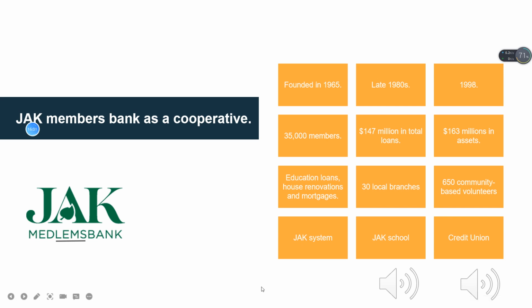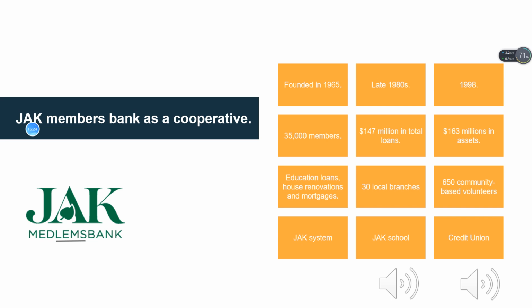JAK Bank has 30 local branches and many JAK members groups. The local branches heavily rely on the help of 650 community-based volunteers who have been instructed in the ideas and methods of interest-free lending by JAK staff to keep administrative costs down.